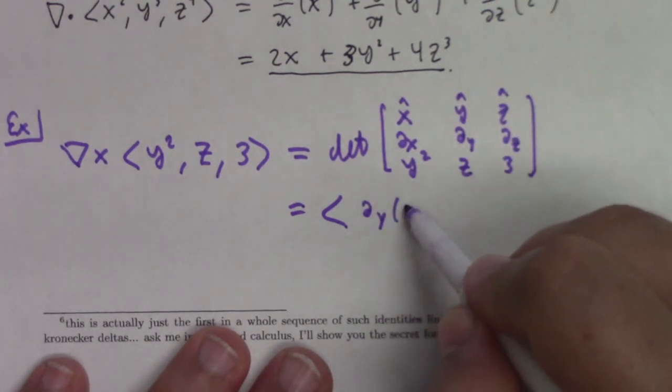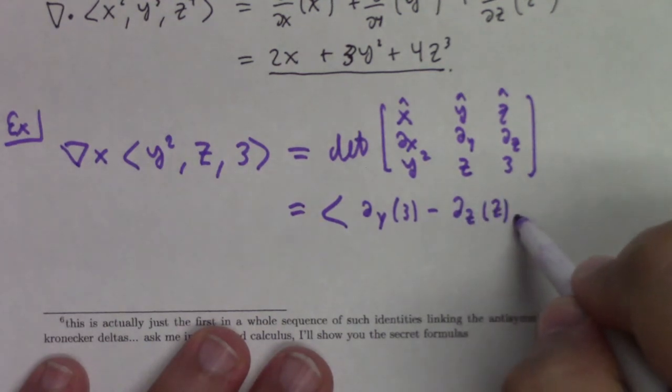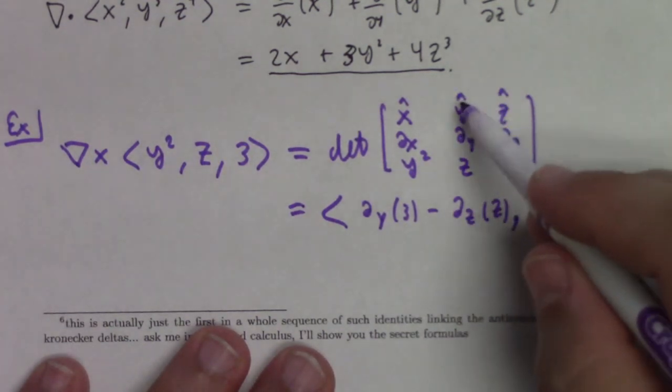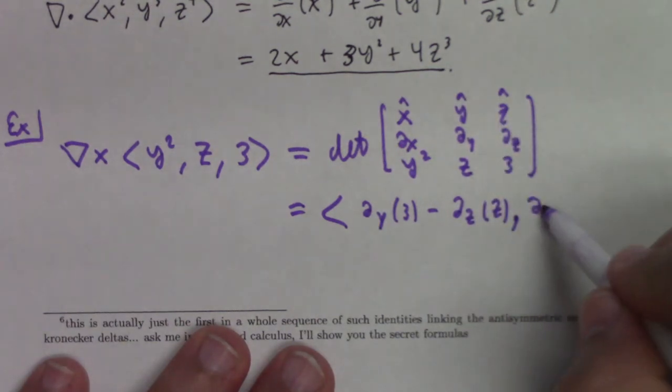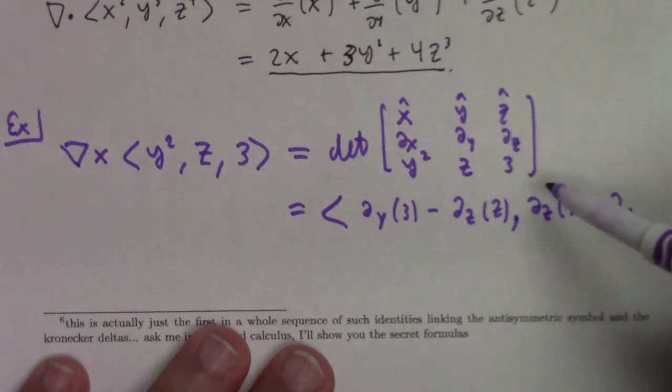So x hat times the y derivative of 3 minus the z derivative of z, comma, the y hat, minus, so partial z of y squared minus partial x of 3. Remember, this should not involve y directly. It should involve the y derivatives.